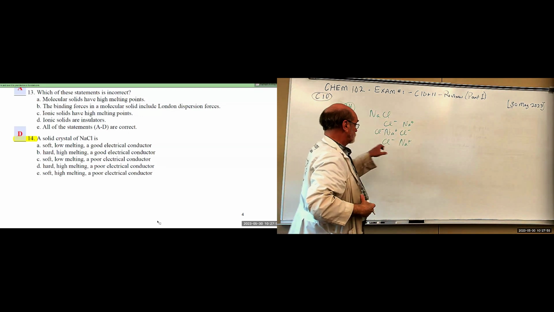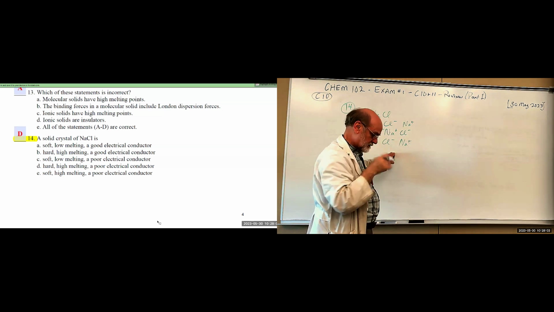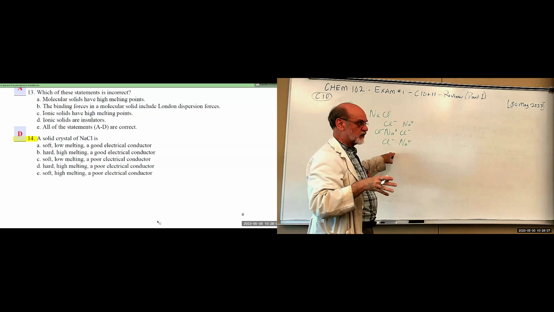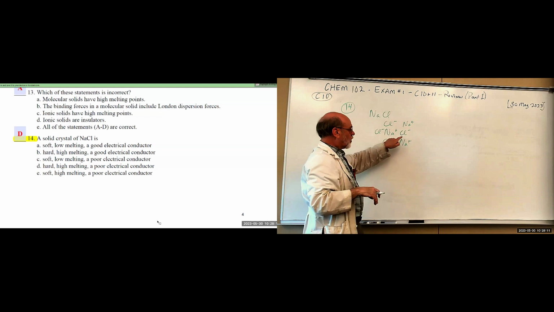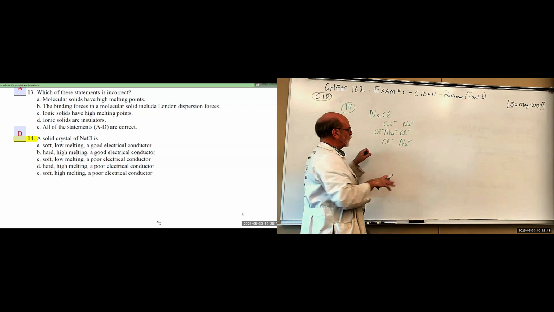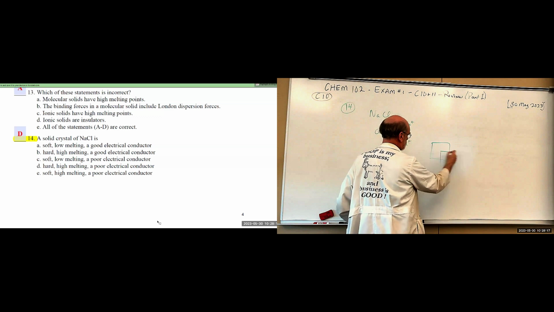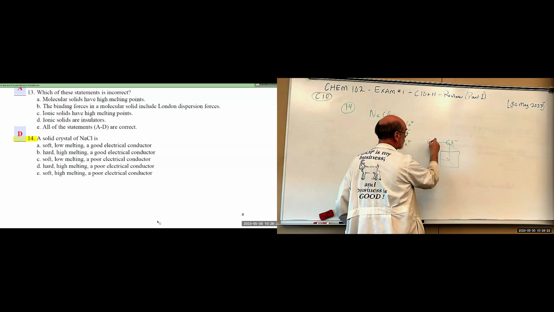So you've got this network. It has a simple cube unit cell. So the chlorides would form the cubic network here, because they're the biggest.